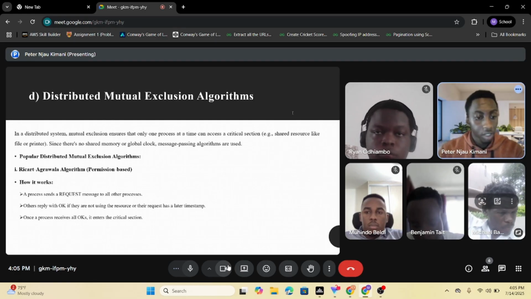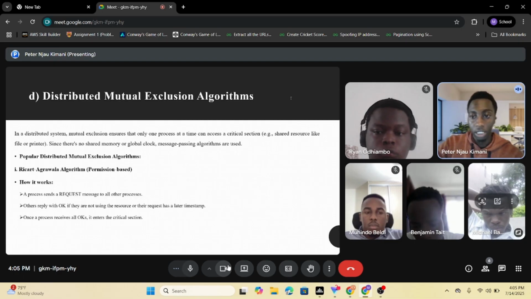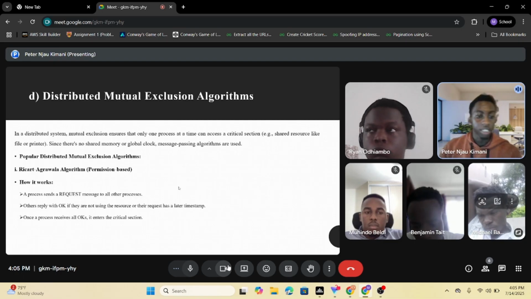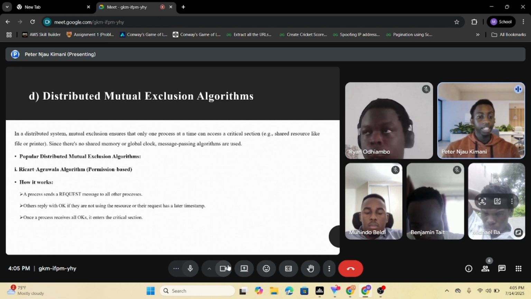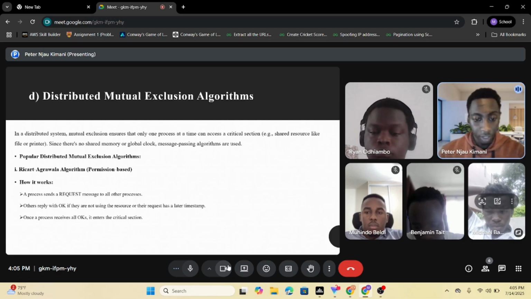So we have a couple of distributed mutual exclusion algorithms, such as the Ricart-Agrawala algorithm, which is a permission-based system where a process sends a request message to all other processes, and others reply with okay if they're not using the resource, or their request has a later timestamp.